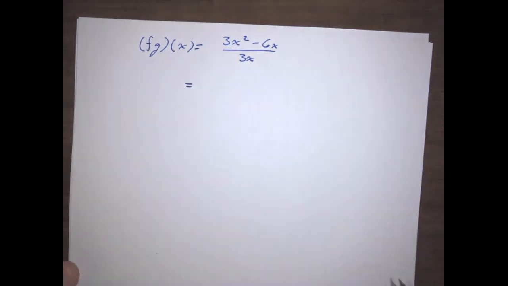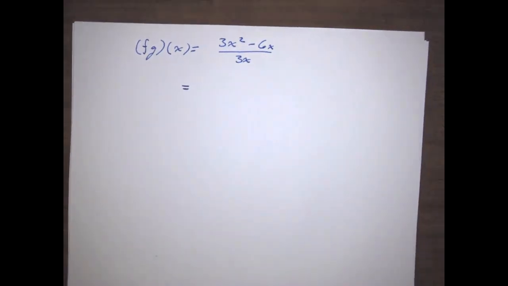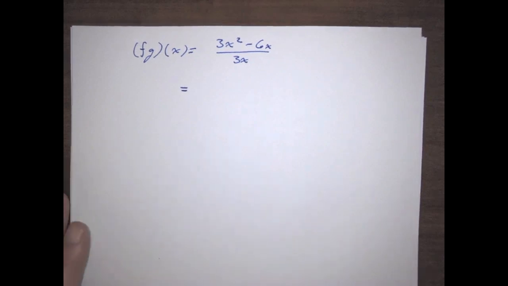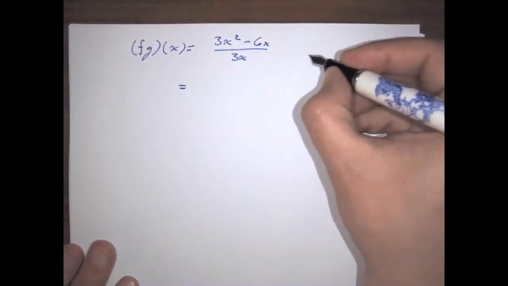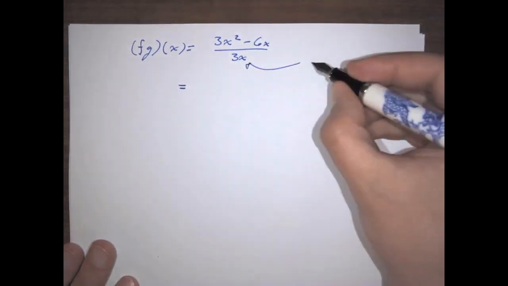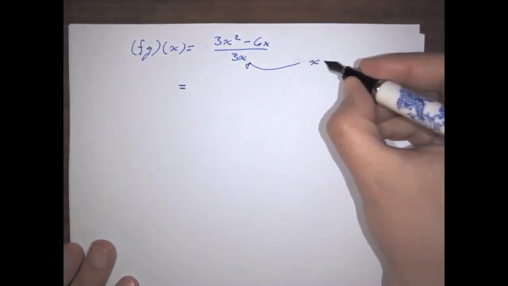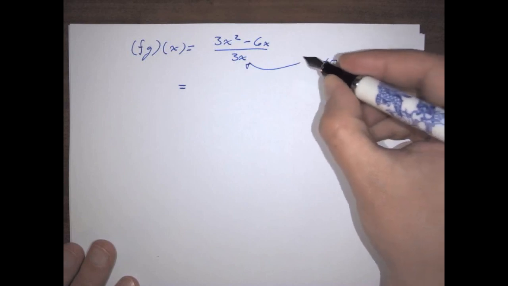And here, if there's any simplification we wish to do, we have to be able to factor something that is shared by the top and bottom out and then cancel those. But before we do that, let's make a note here. x should not be allowed to equal 0 at this stage.